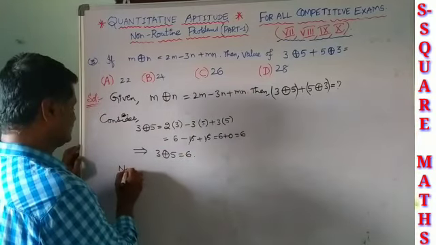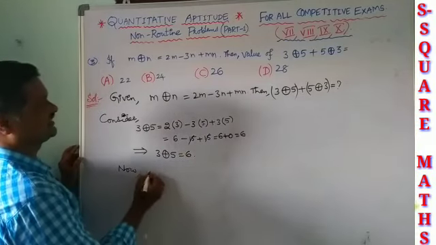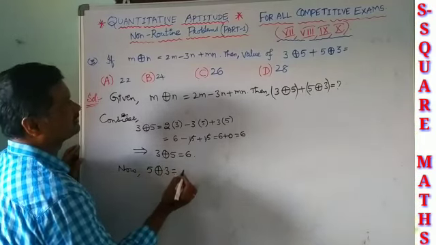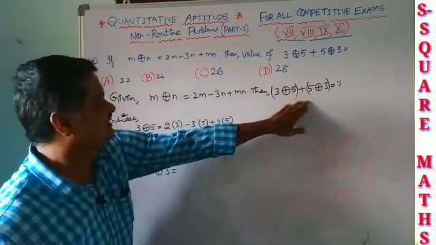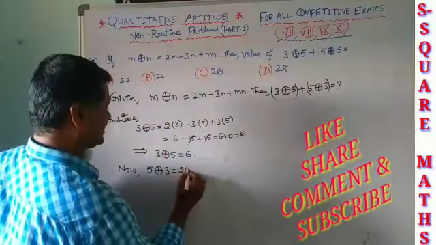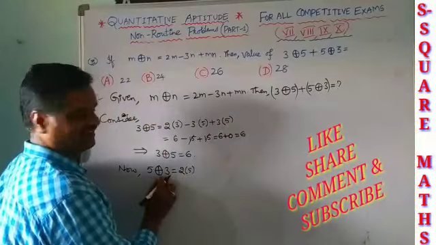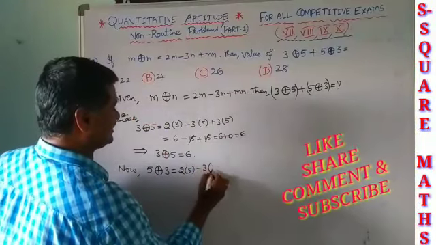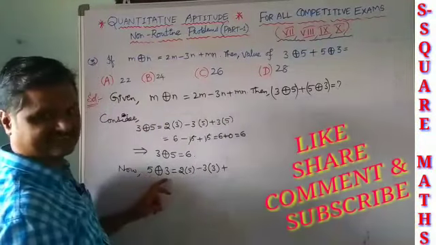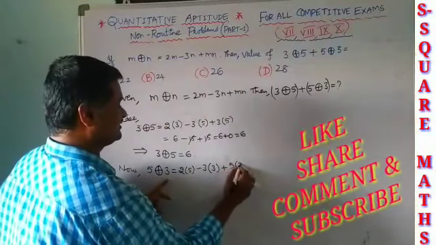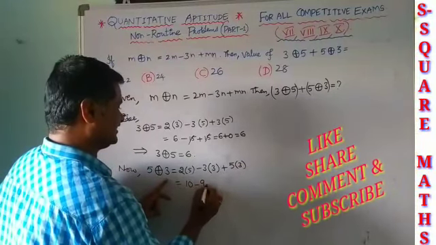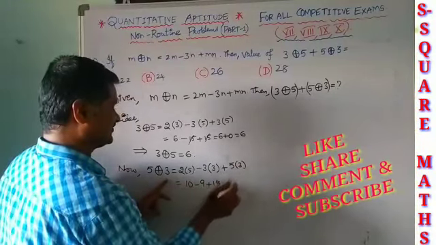Now consider 5 circle plus 3, which is again in this form. So 2 into m, so 2 into 5, where m is 5 and n is 3, minus 3 into n, which is 3, plus mn, that is 5 into 3. So 10 minus 9 plus 5 threes are 15.